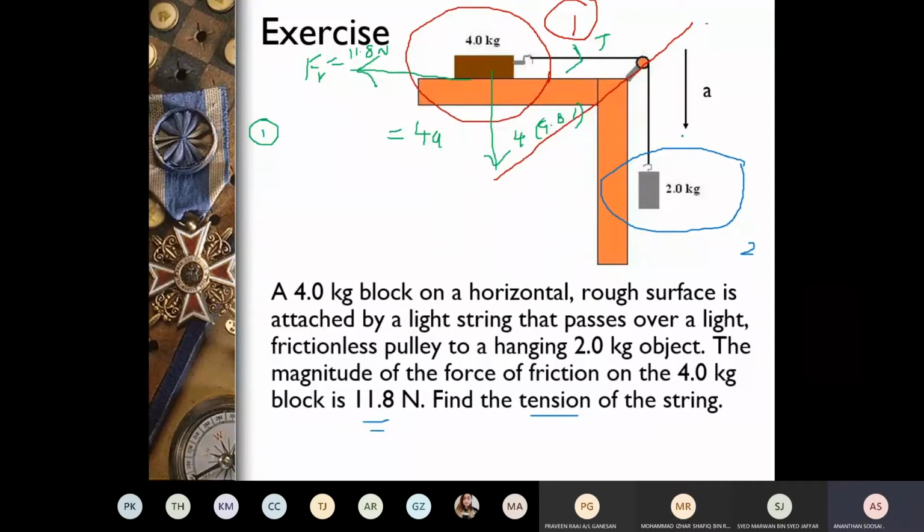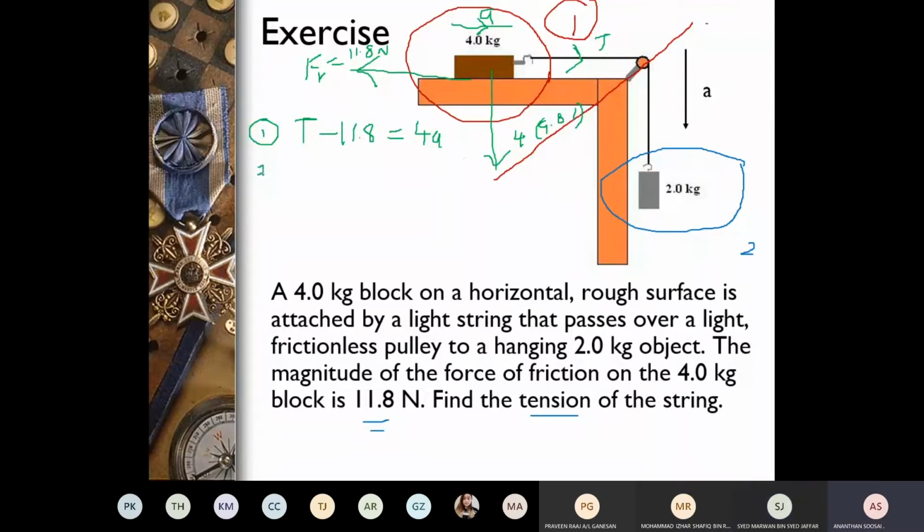Because the 2 kg is pulling it down, so the 4 kg is actually accelerating to the right. So the tension is greater. Tension minus 11.8 is 4A. This is the first equation.